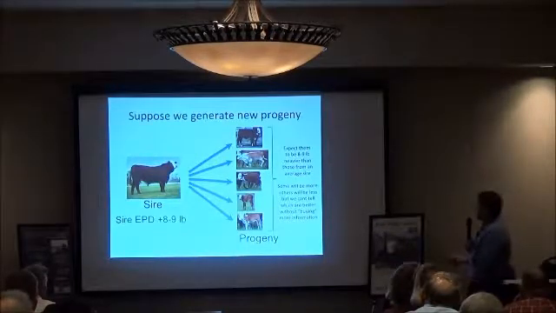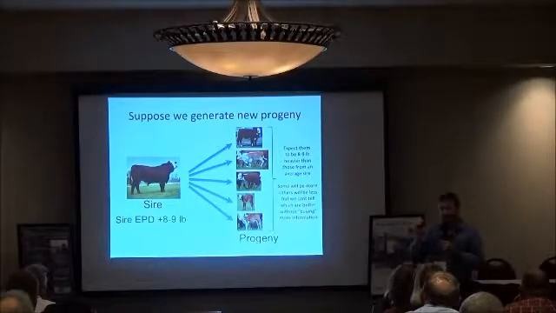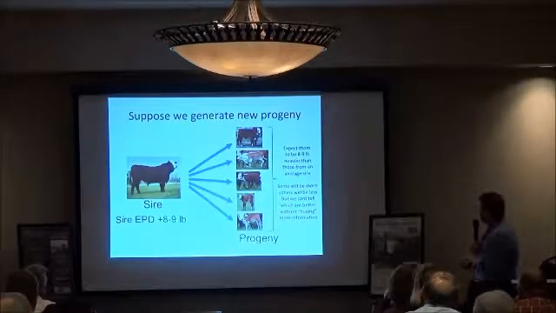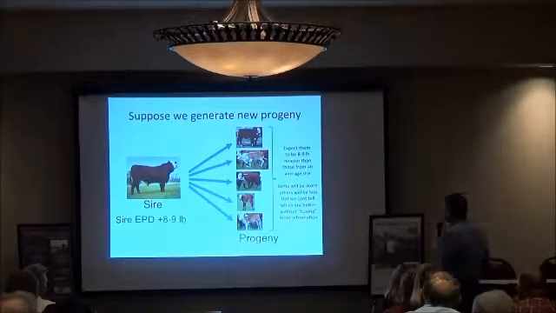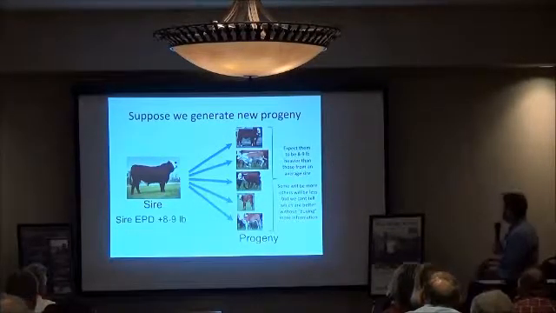Okay. So if this sire has an EPD of 8 to 9 pounds, which we determined from progeny testing, that tells us if I use this bull again, I expect his offspring to be on average 8 to 9 pounds heavier than those from an average sire. And some will be more and some will be less, but on average it will be 8 to 9 pounds.